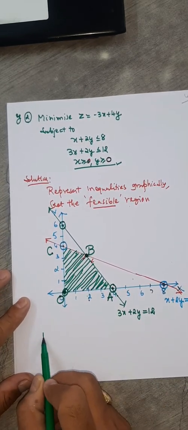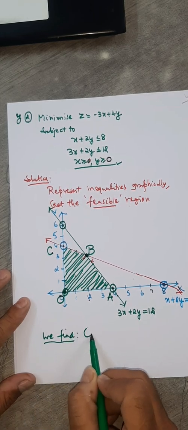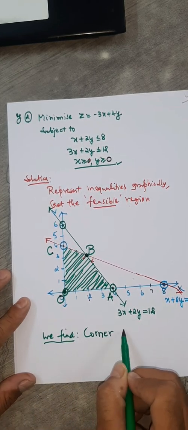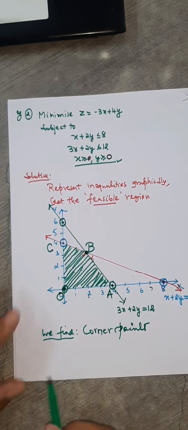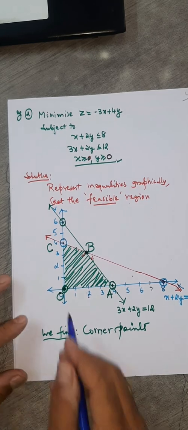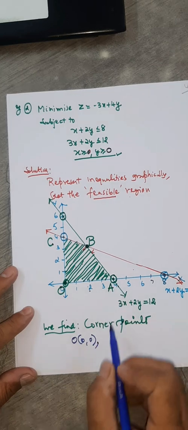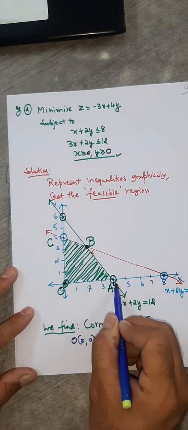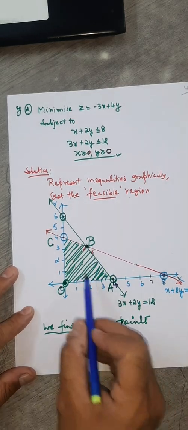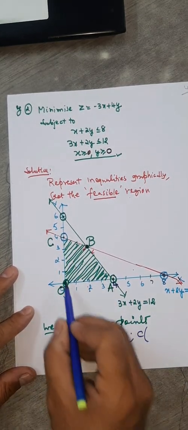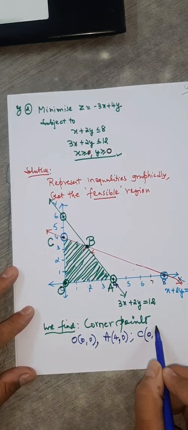So we find the corner points now. What are the corner points? Vertices of the polygon. So one is the origin, that's obvious, 0, 0. The other one is A, that's quite obvious here. You can see it is 4, so 4, 0 on the x-axis. B we need to find. What about C? C, you know, here 1, 2, 3, 4. This is 4, so this is 0, 4.